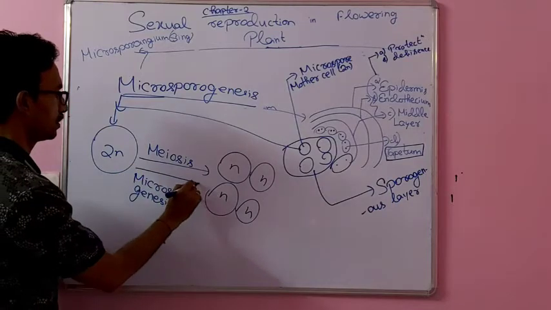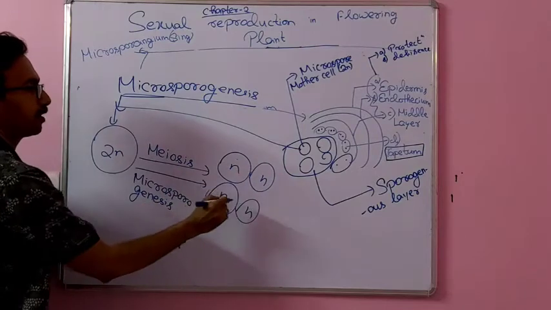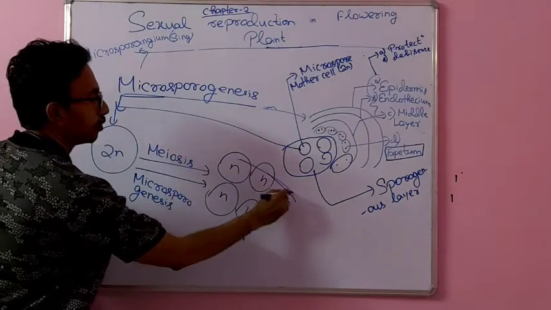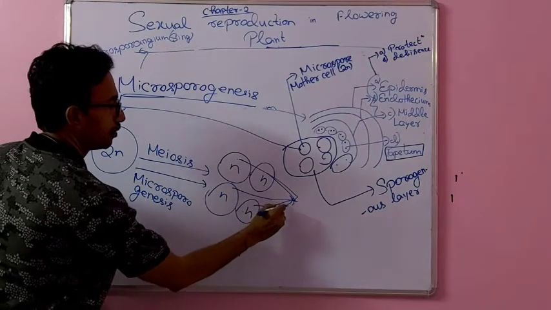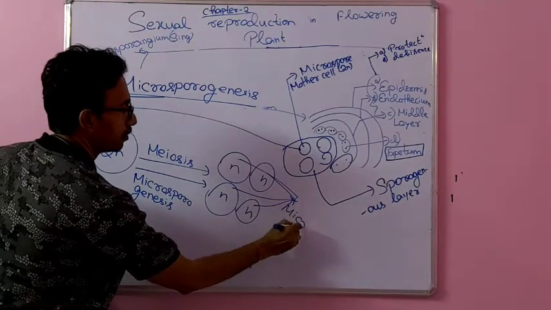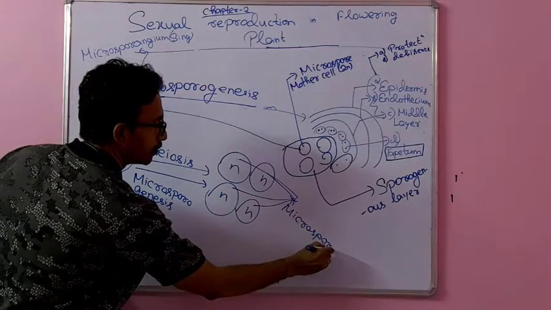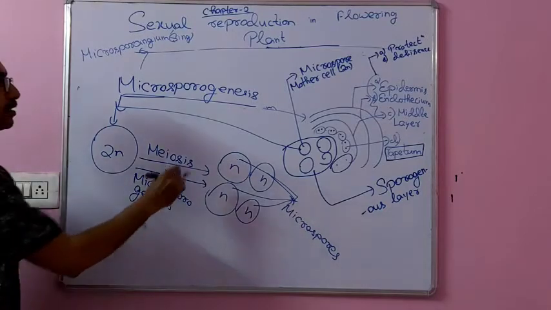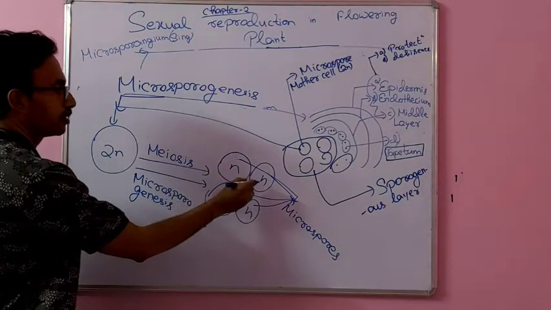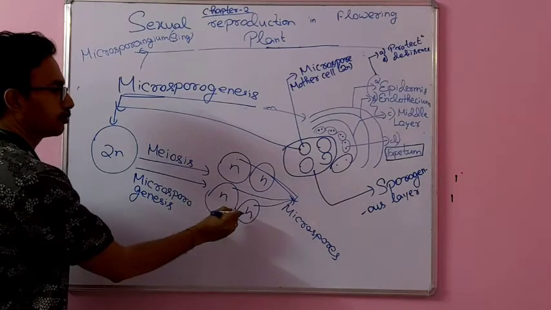In fact, all the 4 haploid cells are called microspores. So this is one microspore, this is one microspore, this is one microspore, this is one microspore.